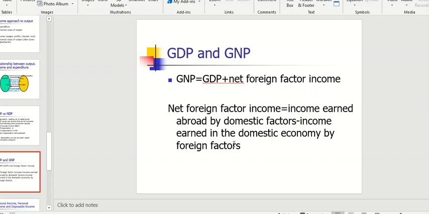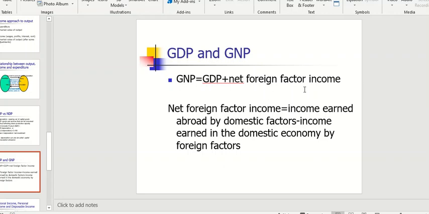In contrast, if we have a negative number for net foreign factor income, what that means is the income earned by Americans who work abroad is less than the income earned by foreigners who work here in the United States. So in other words, there's a net outflow of income out of the United States. So we need to make that adjustment. So we adjust for net foreign factor income.